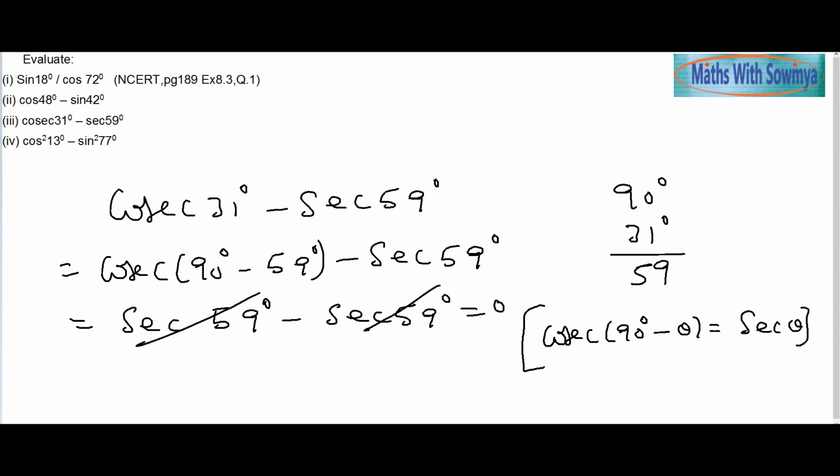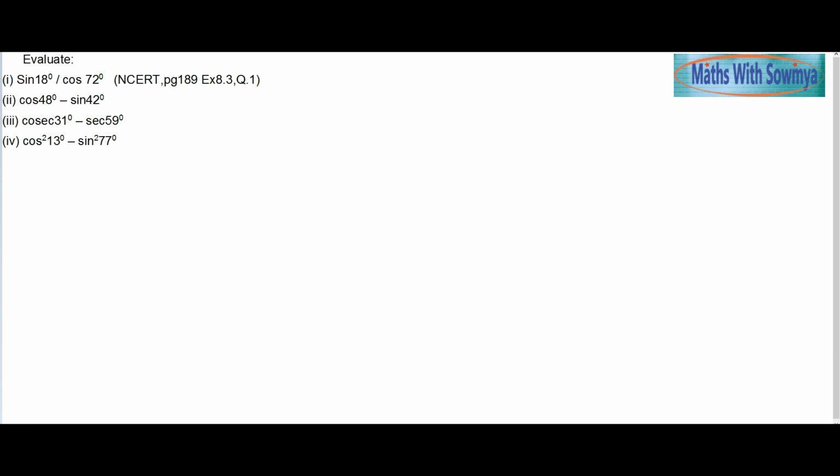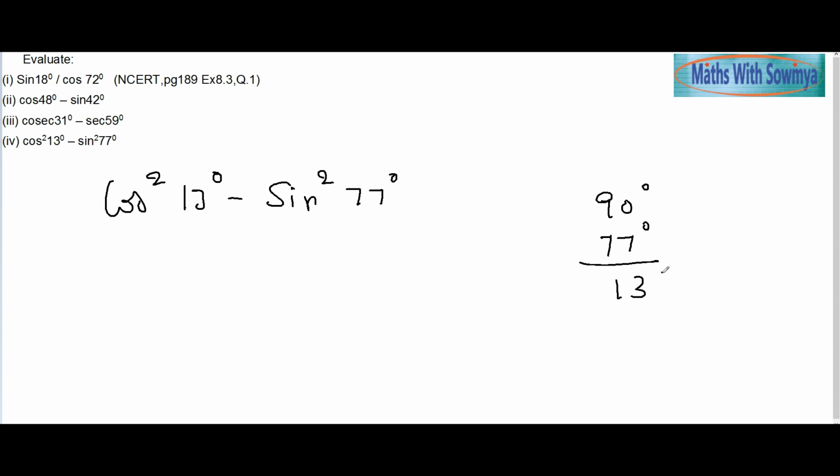Let us try one more, the fourth question. It says cos square 13 degrees minus sin square 77 degrees. Same thing, 90 degrees minus 77 degrees gives us 13 degrees.